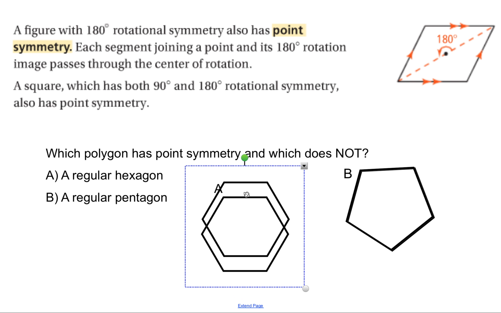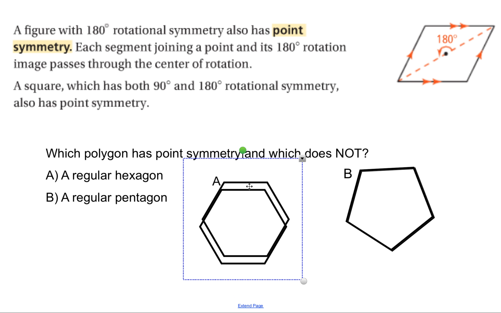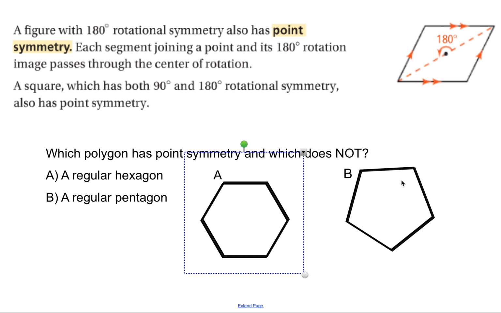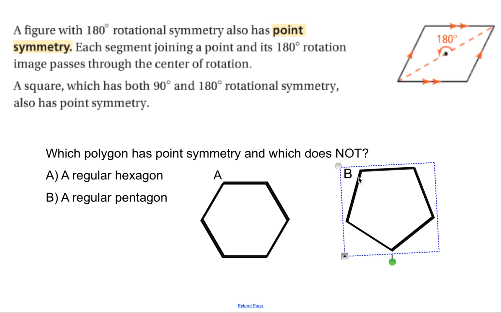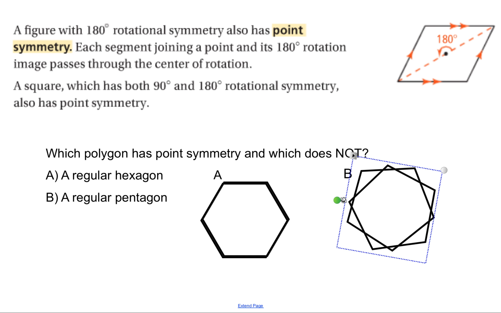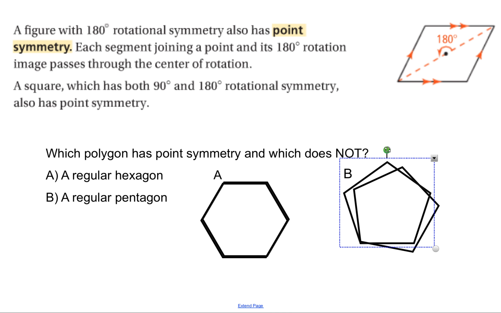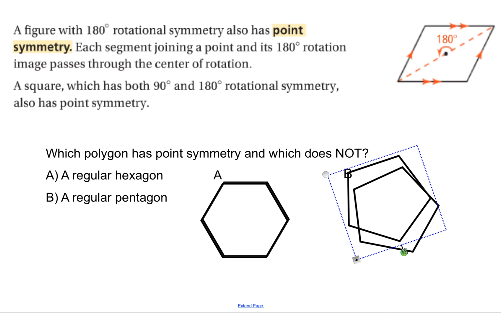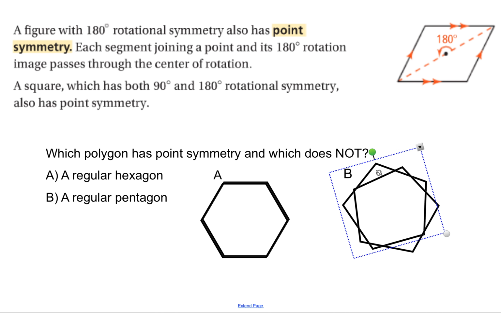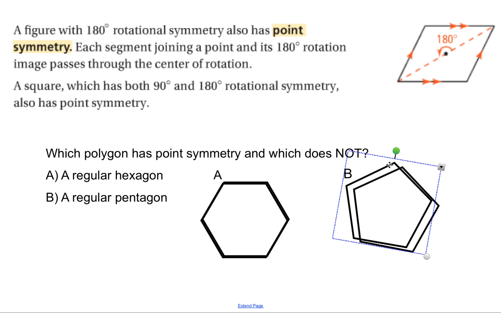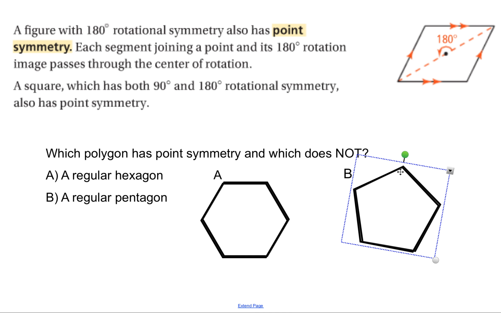Let's take a look at the regular pentagon. In other words, does a pentagon have rotational symmetry? If I rotated this point over here 180 degrees, will it map onto the regular pentagon? Let's see. Let's try to do this again. So here is the pentagon.